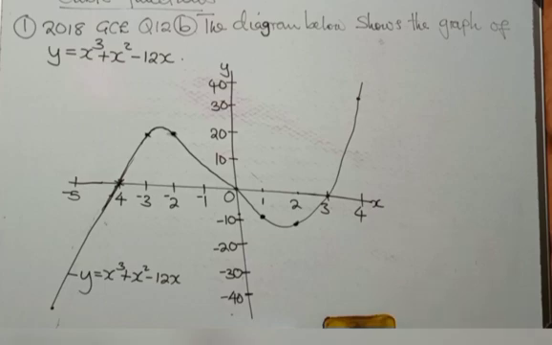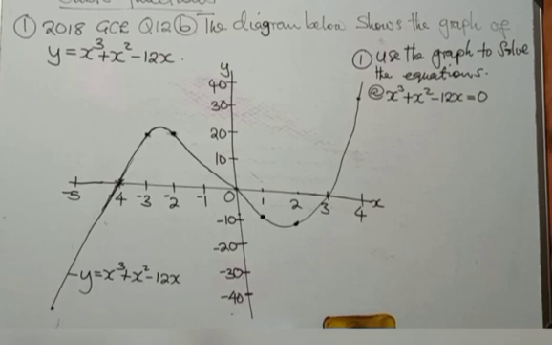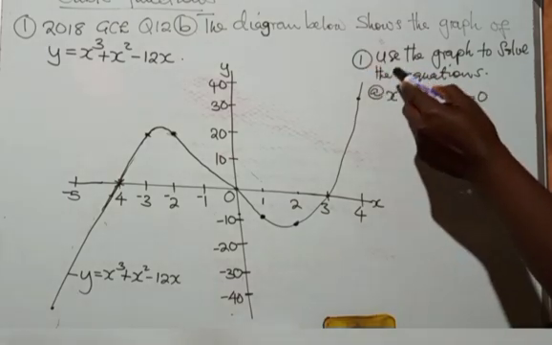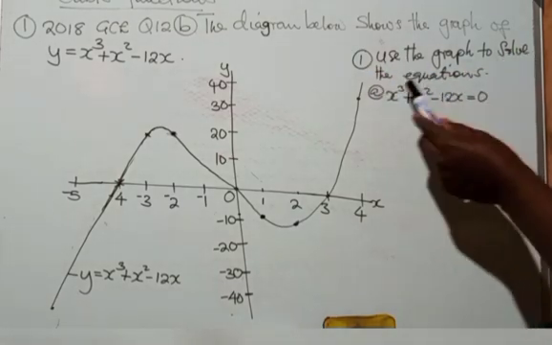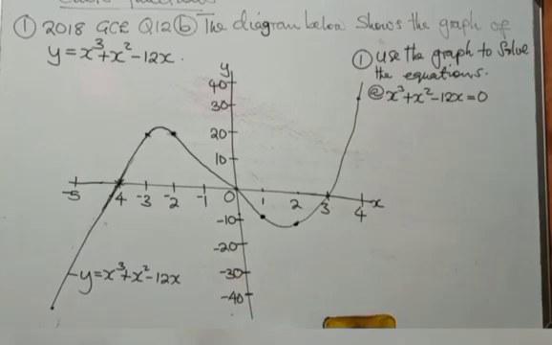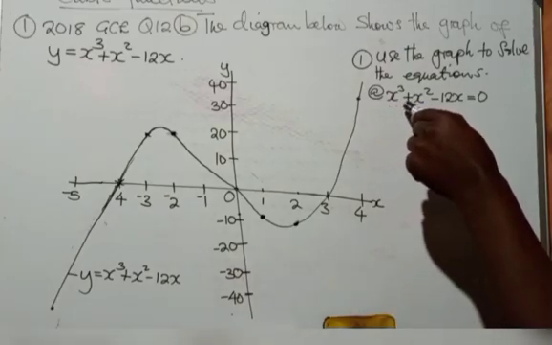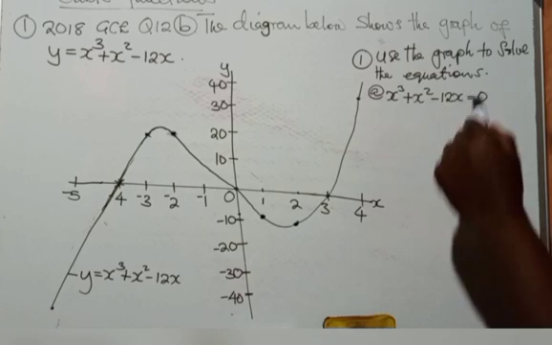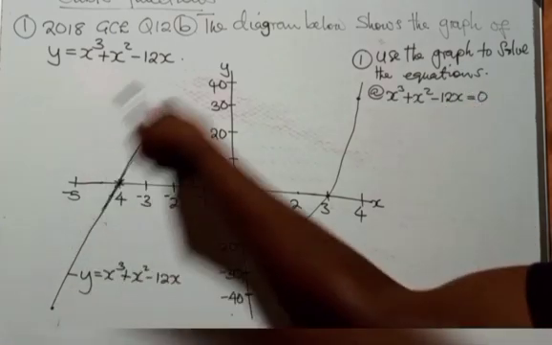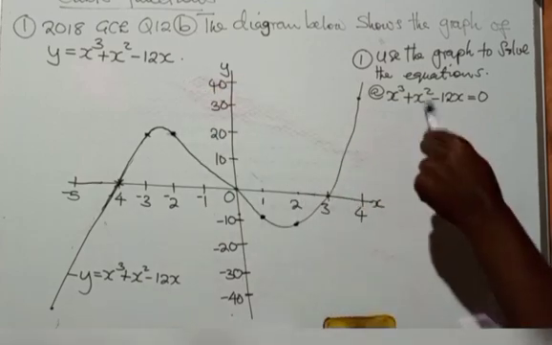Now the question is, use the graph to solve the equations. Roman numeral 1 says, use the graph to solve the equation. So we have equation number 1, which is x cubed plus x squared minus 12x. We are using this graph to solve this equation.